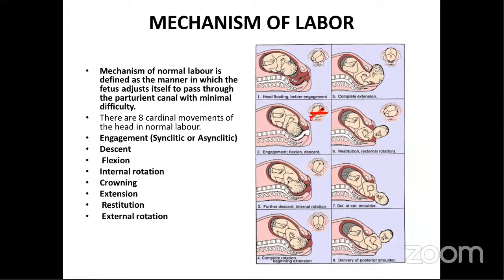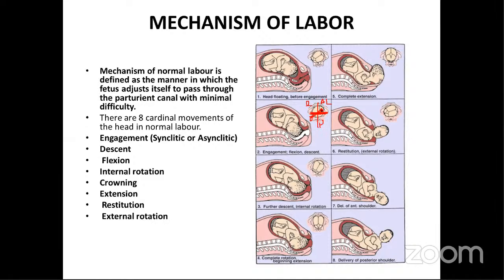If you imagine the quadrants of the pelvis, this is the mother's right side and this is the mother's left side, correct? When you're doing a pelvic examination, wherever you're able to feel the occiput of the baby, that is the occipital region in the vertex presentation, is what you have to note. If you're feeling the occiput in the left upper anterior quadrant of the mother's pelvis, this is right, this is left, this is anterior, and this is posterior.